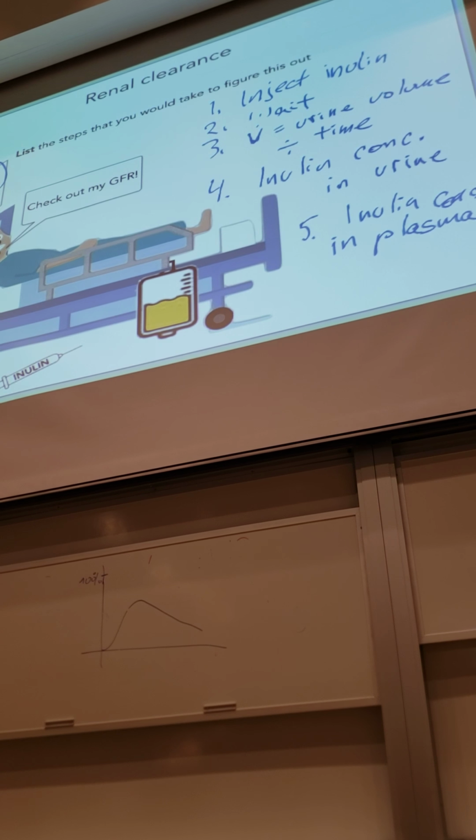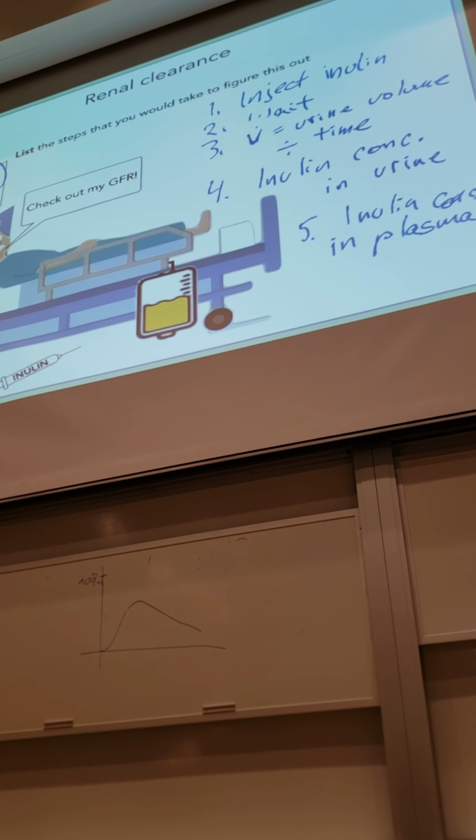Yeah, that's kind of hard to come up with, isn't it? You have to think about it. The amount of plasma that has been cleared of inulin per unit time. Okay? So the amount of plasma that we've completely gotten rid of all the inulin from that volume of plasma, per unit time. Okay?